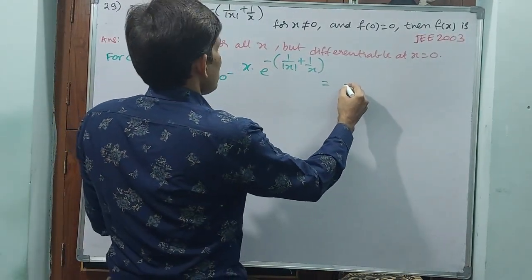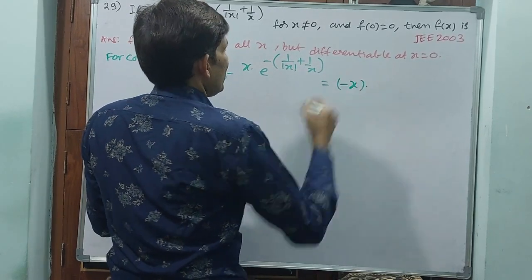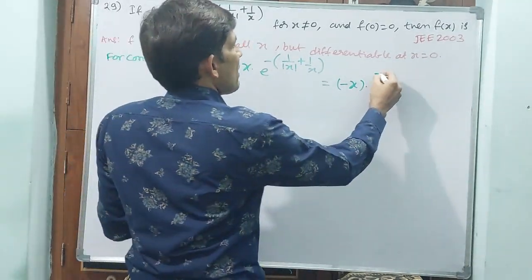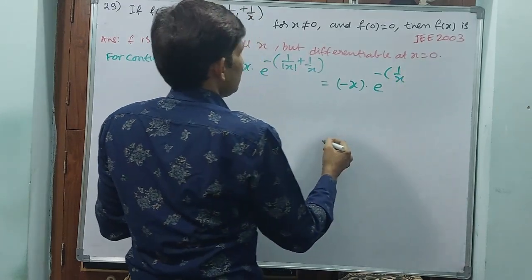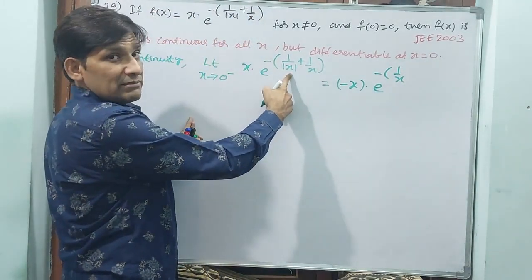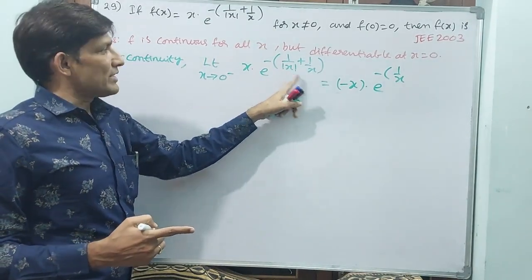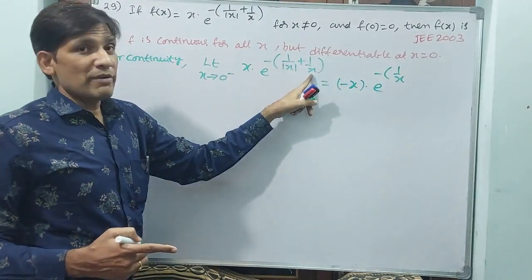See what I want to write. 0 minus means I write x e^(-(1/(-x) + 1/x)). Because the modulus is there, 0 minus means x is a negative number, so the modulus becomes minus x, but the 1/x is going to become negative.